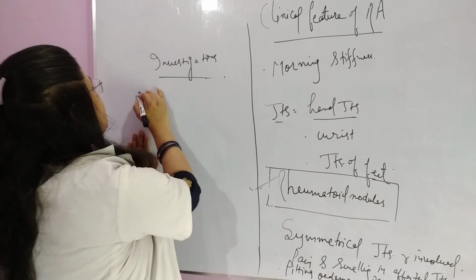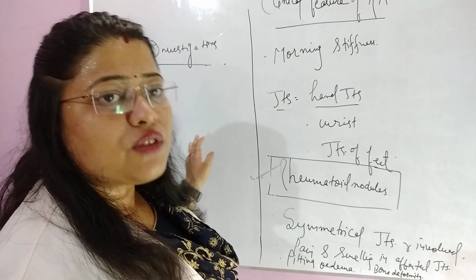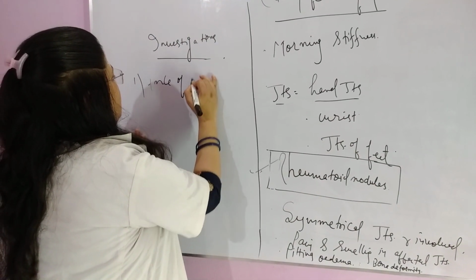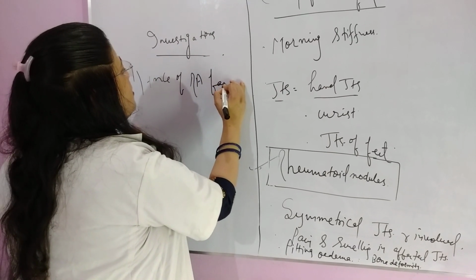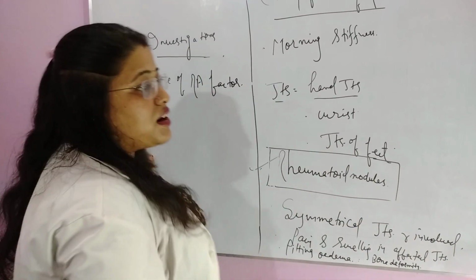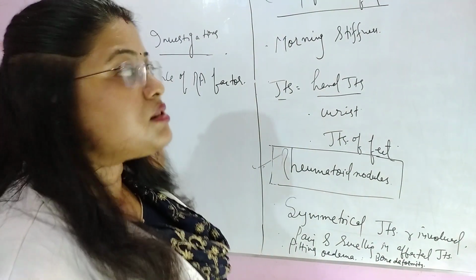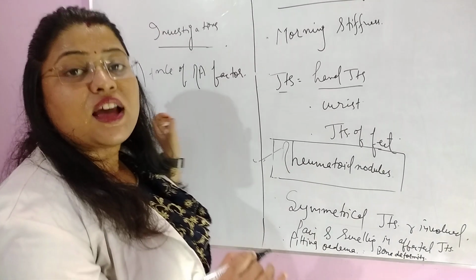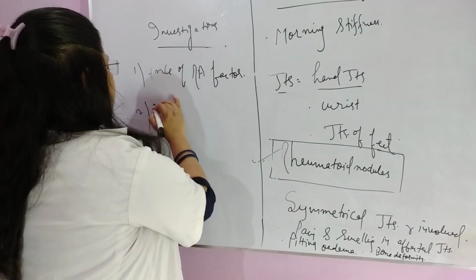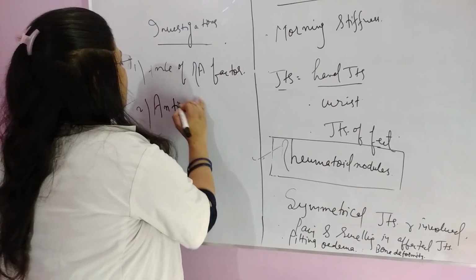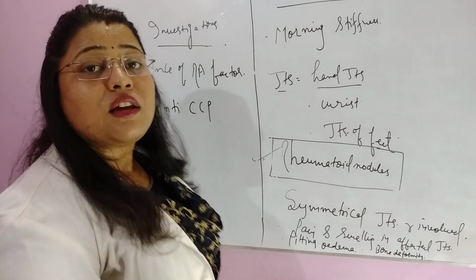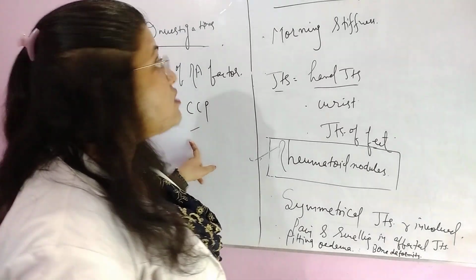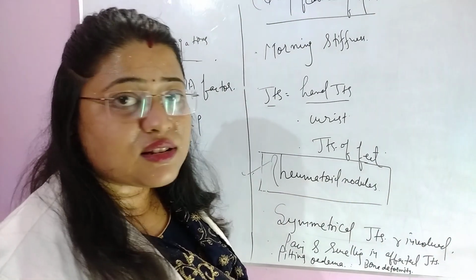So the first investigation is no doubt the presence of RA factor. But one important investigation is also anti-CCP, and it is highly specific to rheumatoid arthritis.